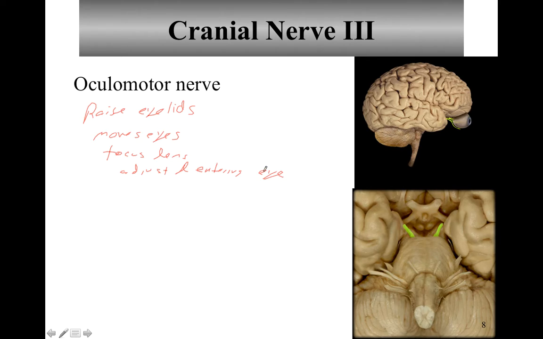Those kinds of things. The sensory parts of that nerve are proprioceptive.